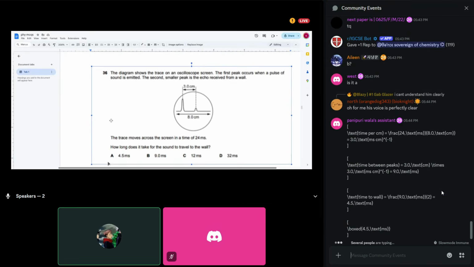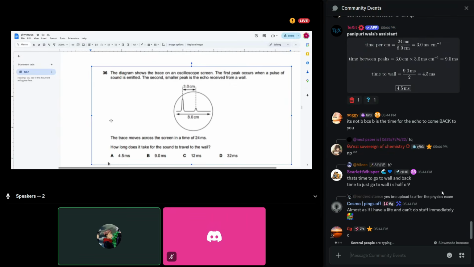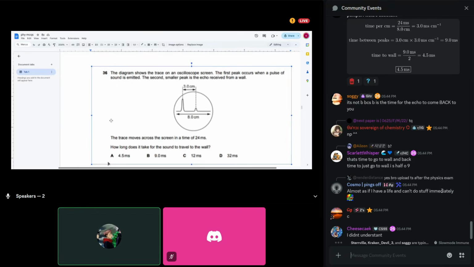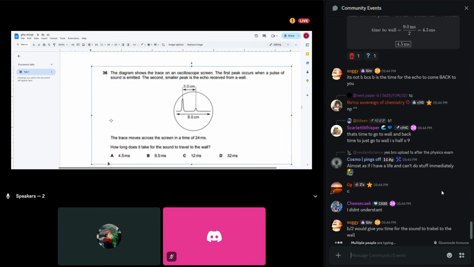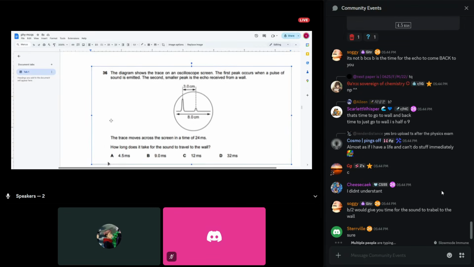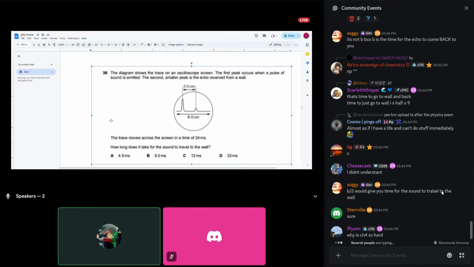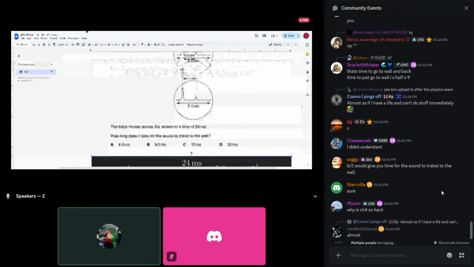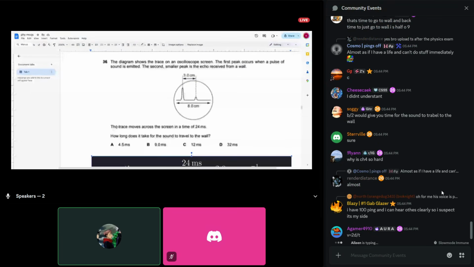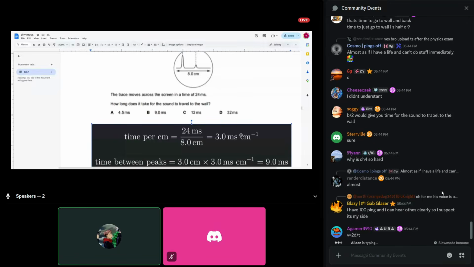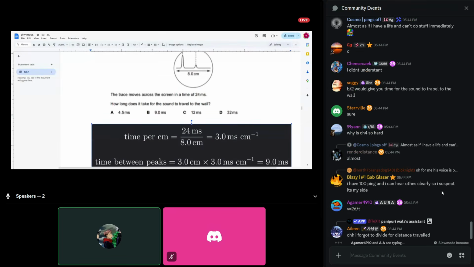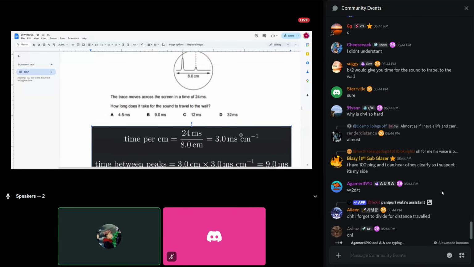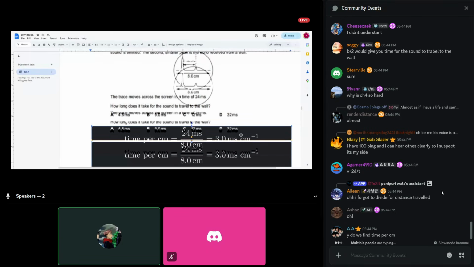Look. So we consider time per centimeter. Look, I find the time per centimeter for this. Okay, so 24 by 8, 3 milliseconds per centimeter. Okay, and we also know that the distance between each peak is 3 centimeters, right?